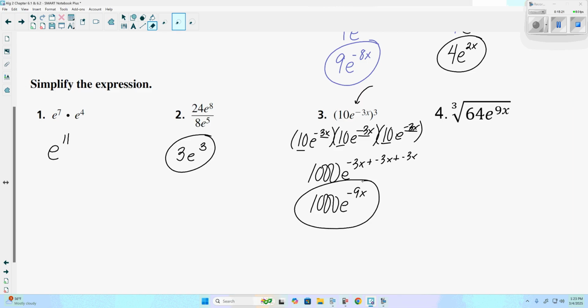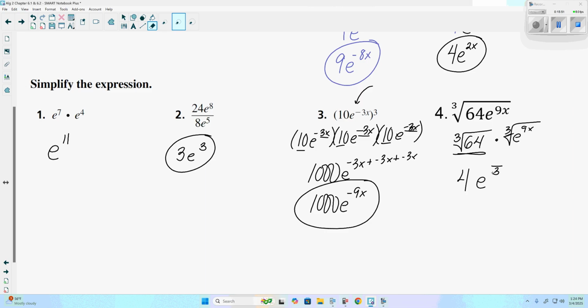The next one here, we want to take the cubed root of 64e to the 9x. So we're really looking at two parts. We're looking at the cubed root of 64 times the cubed root of e to the 9x. Cubed root of 64 is 4, because we're looking for a number times itself 3 times that gives us 64. Now with our e, we can do the exact same thing we did before.